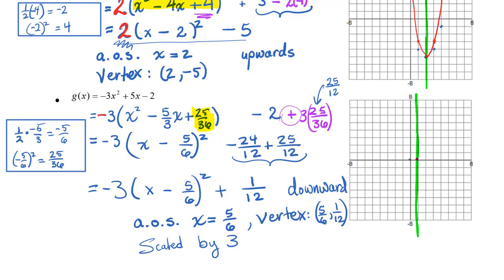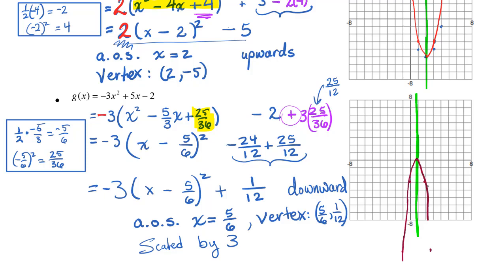Since it's opening downwards, I go over 1, down 1, but instead of down 1, it's scaled by 3, so I'll go down 3. And then to the left 2 and down 4, but 4 multiplied by 3 is 12. So it'll be somewhere down here. And then the symmetry will bring that to the other side as well.